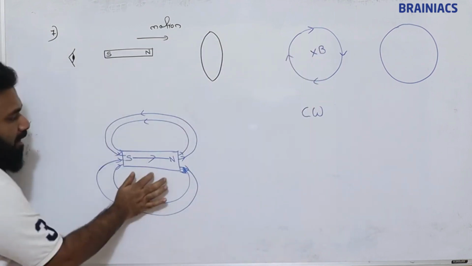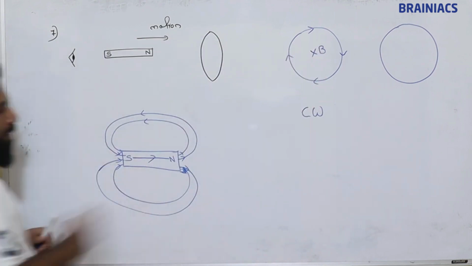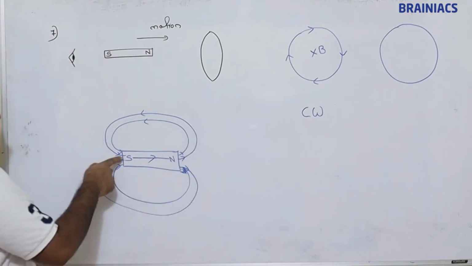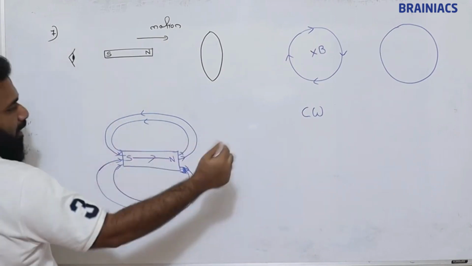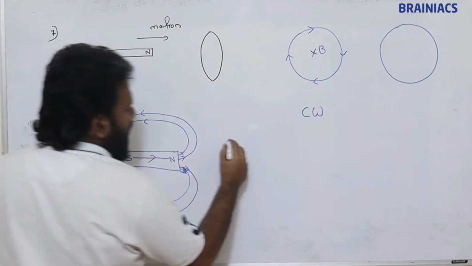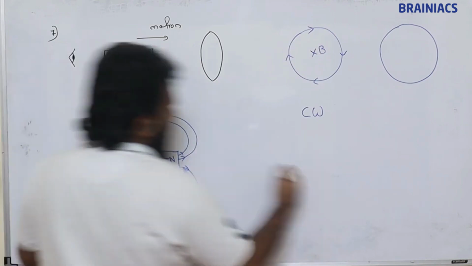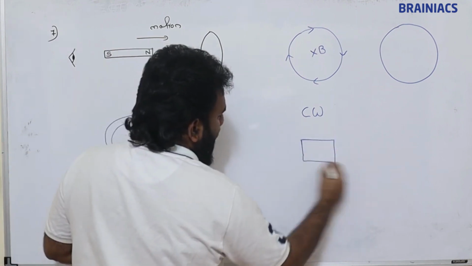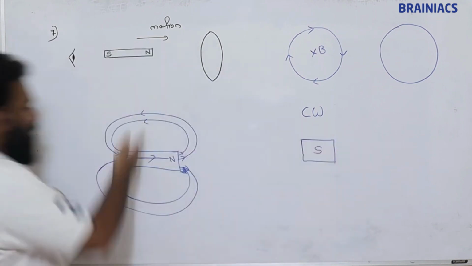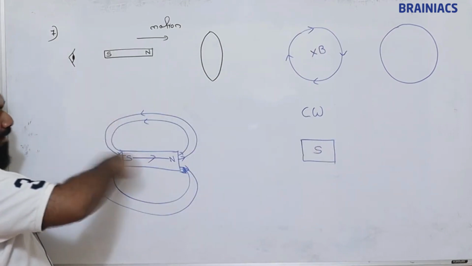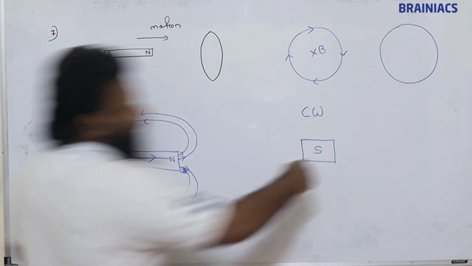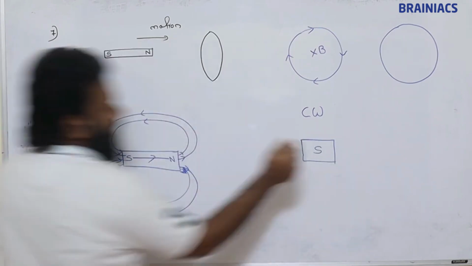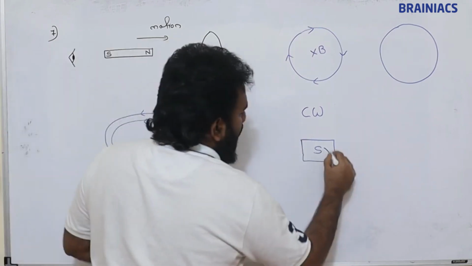Now take this magnet and keep it in this plane, with the south pole here and the north pole there. To the south pole the magnetic field will be going inside.